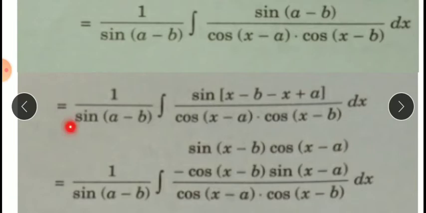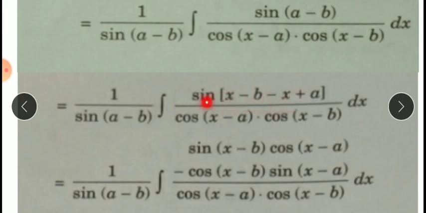I is equal to 1 upon sin(a minus b) integration of sin(a minus b), which can be written as sin((x minus b) minus (x minus a)). How is it? See, we are adding plus x and subtracting x. Denominator is as it is. Here we can use formula sin(A minus B).